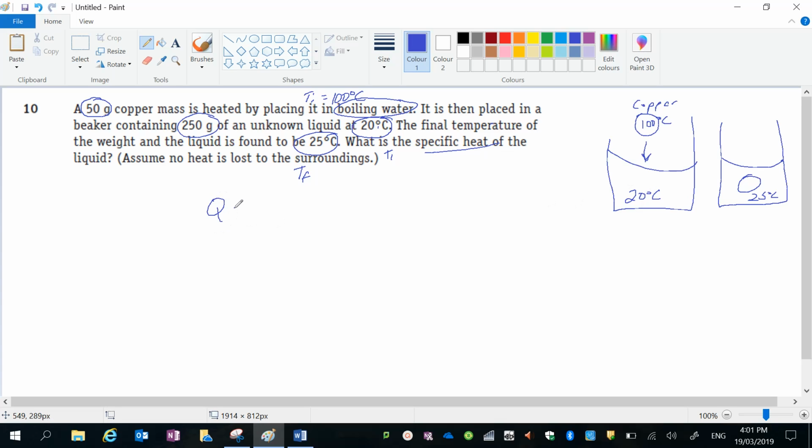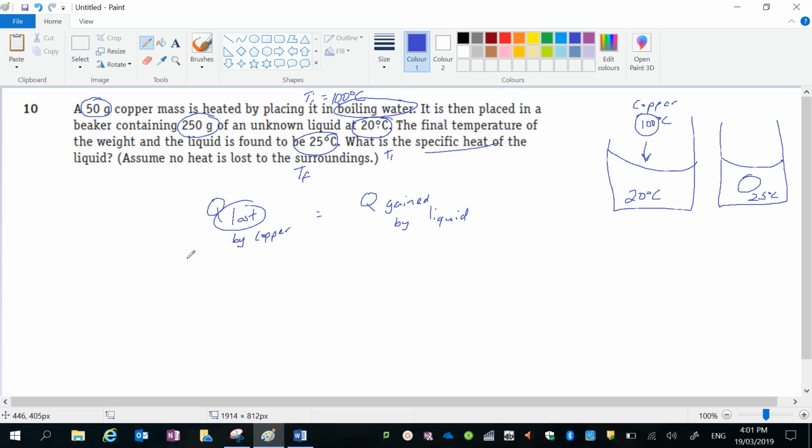So we can say the Q lost by copper equals the Q gained by the liquid. Okay, and that's purely because the copper was hotter than the liquid.